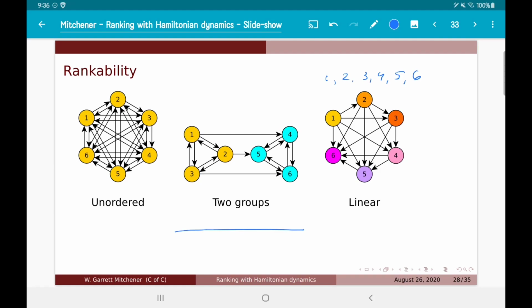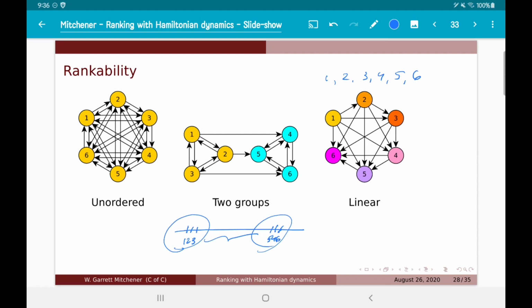So for this 2 groups example, you would expect 1, 2, and 3 to be over here close to each other in some order, and then 4, 5, and 6 over here in some other order with a big gap in between them. And that gives you some understanding that you've got a group over here and a group over there, and within each group the ranking is not really well defined. But between the groups there's definitely a strong group and a weak group.